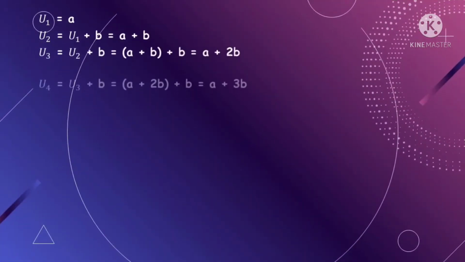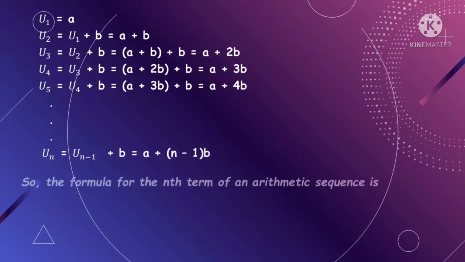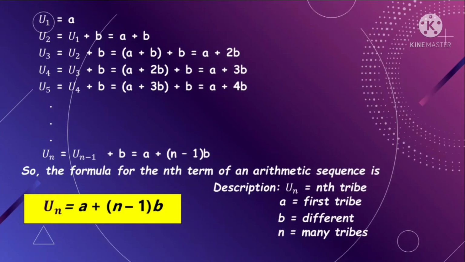U1 equals a. U2 equals U1 plus b equals a plus b. U3 equals U2 plus b equals a plus b, in brackets, plus b equals a plus 2 times b.